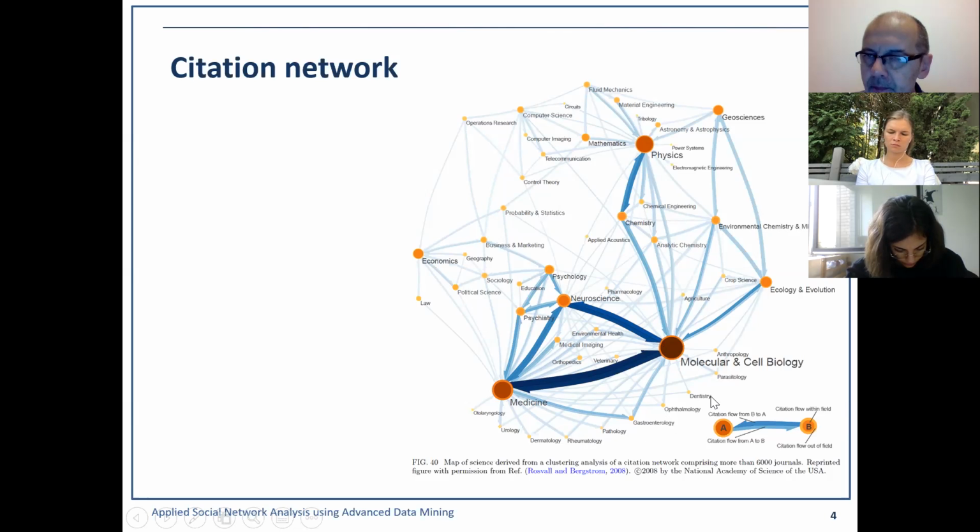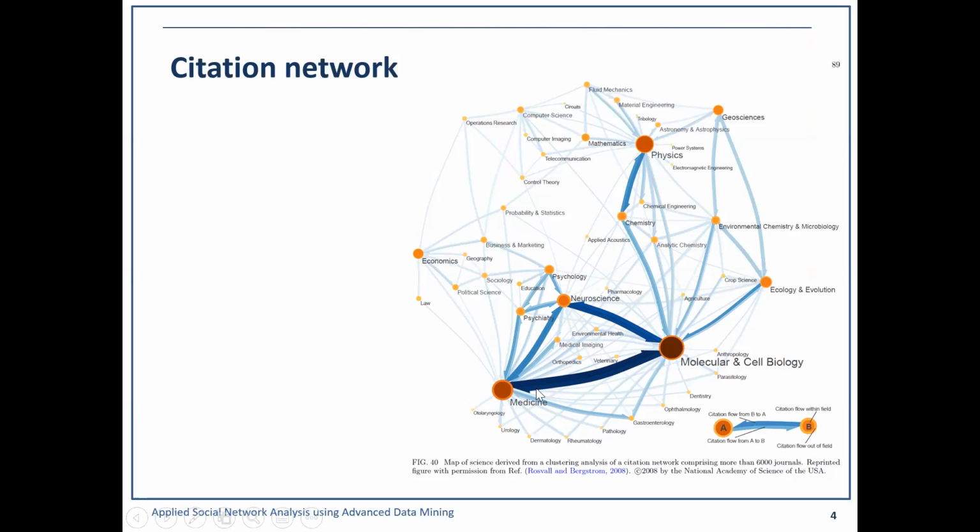We can see several elements. For example, each node is an area. The size of a node is proportional to the number of papers published in that area. We have links, mutual dyads among areas.